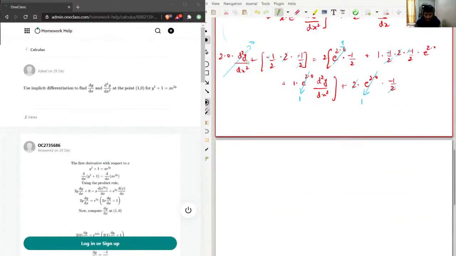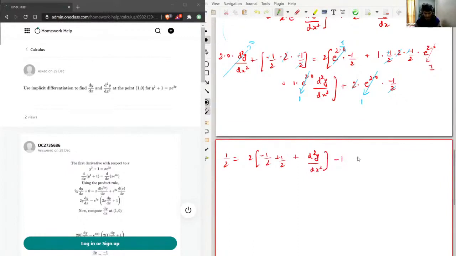This term is gone, this will be 1 over 2, then 2 times this will be negative 1 over 2, minus minus cancel, positive 1 over 2, again this term will be 1, so this is positive 1 over 2, and these both will equal 0, and plus we have 1 times d square y by dx square, and this will be minus of 1.